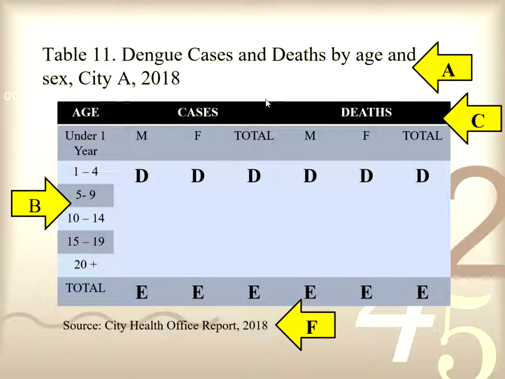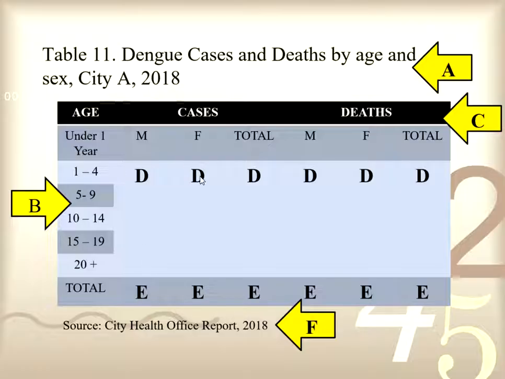Okay. So, ito yun. Ito yung ating letter A, yung ating title. Letter B, stubs. So, yung ating mga row. Ito lahat yun. Letter C, yung ating column headings. Itong mga ito, column headings. Letter D, yung body of the table, yung content na mismo. Letter E, marginal total.